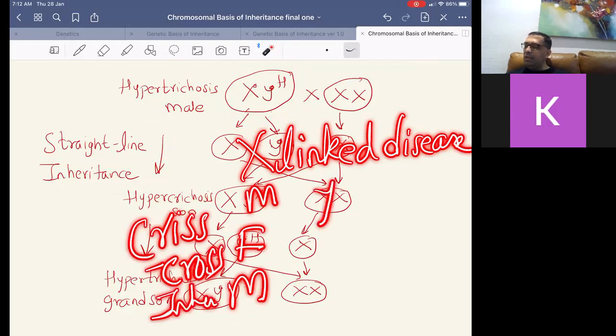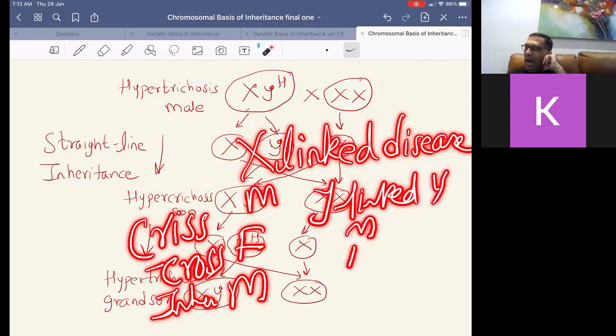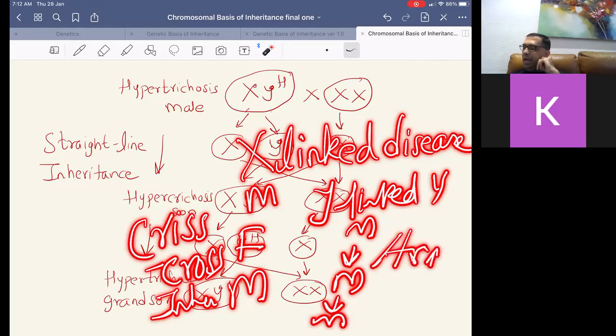Y-linked disease passes from male via male to male, and that is called straight line inheritance.